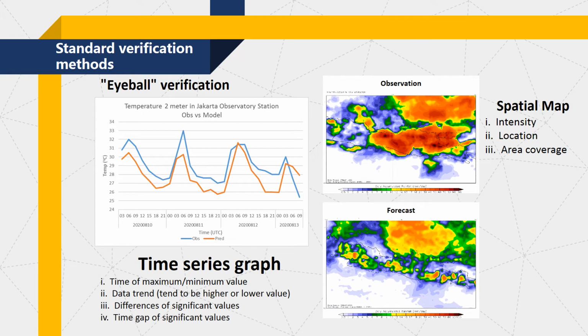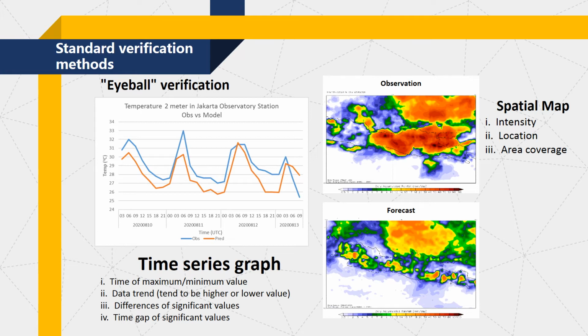So we cannot ignore the significant value and just identify the maximum value. We must analyze both of them. And then the time gap of significant values: is there any time shifting of significant values or not?